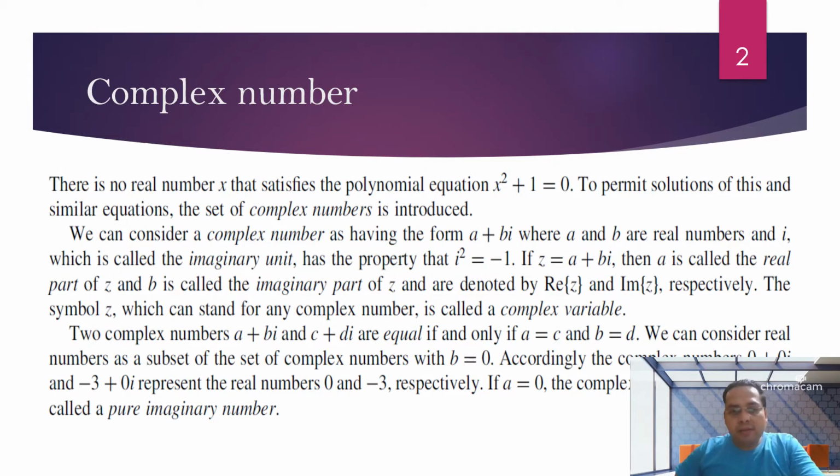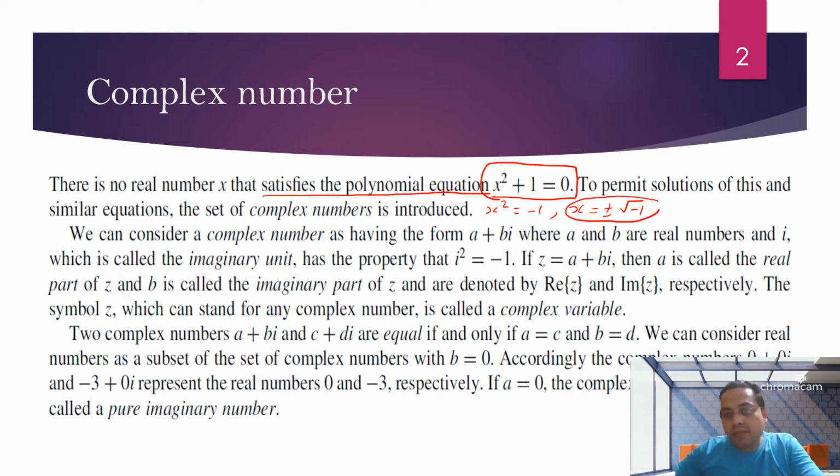A complex number is introduced to solve the problem that exists in the equation x square plus 1 is equal to 0, because there is no real number which satisfies this equation. For this problem x square is equal to minus 1 and x is equal to plus minus under root minus 1, which is a complex number.